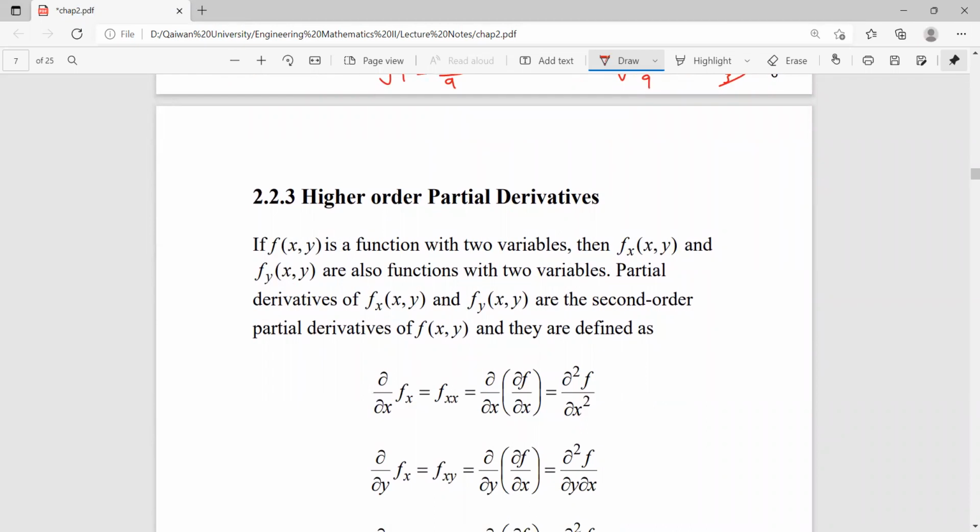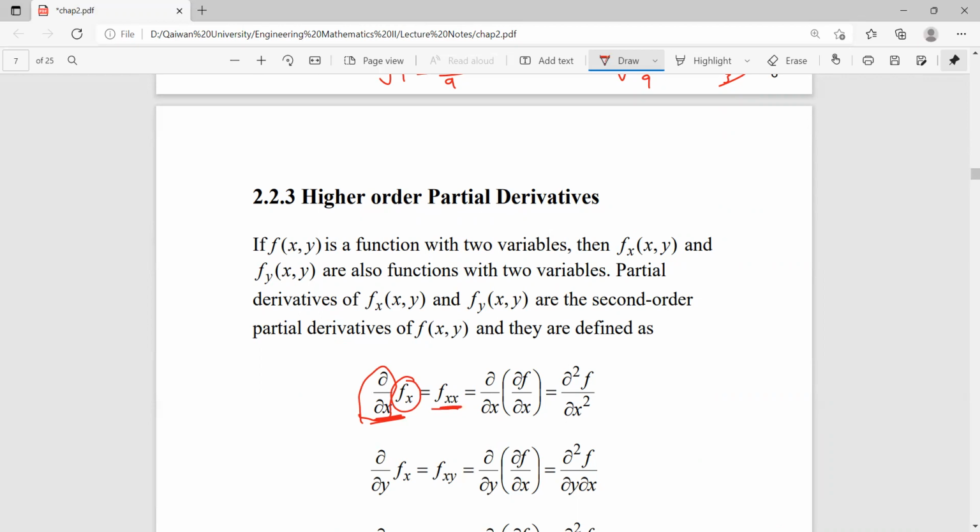If you take second, third, fourth, and so on, partial derivatives of a function, we say the partial derivative of the first partial derivative is the second partial derivative. For example, here we have the partial derivative of f sub x with respect to x equals f sub xx.